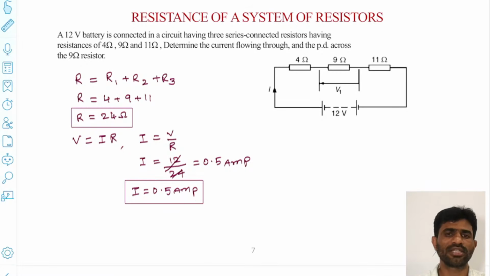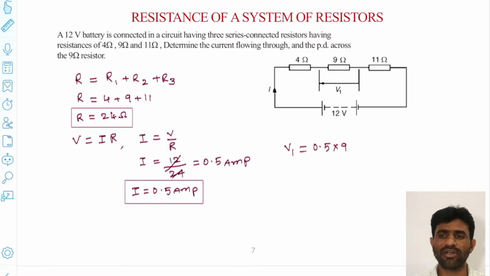Total current we got, total resistance we got. Now we can find the potential difference across 9 ohms. There it is given as V1. So V1 is equal to I into R. V is equal to I into R. Here I is 0.5 amperes across every resistance, 0.5 amperes only, and the resistance is 9 ohms because we want the voltage across 9 ohms.